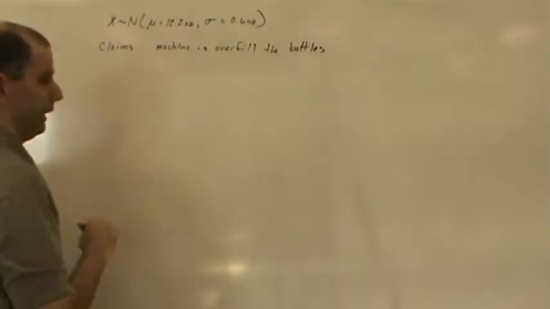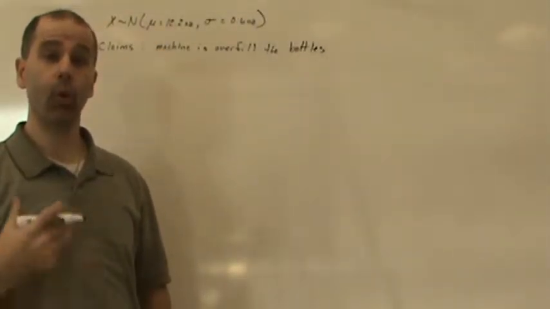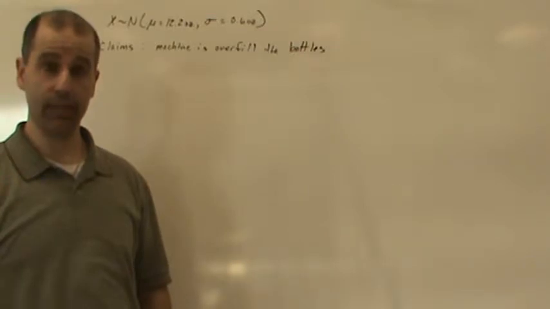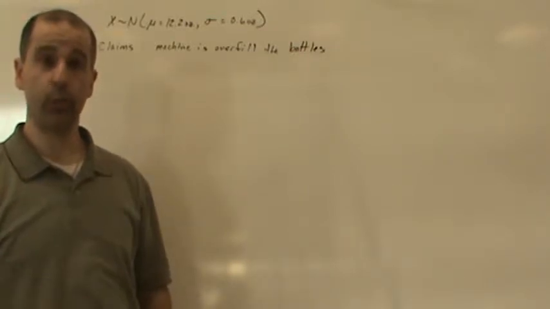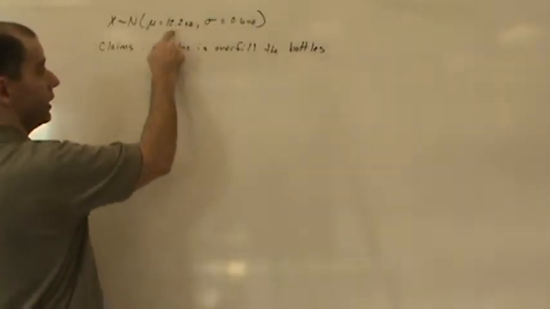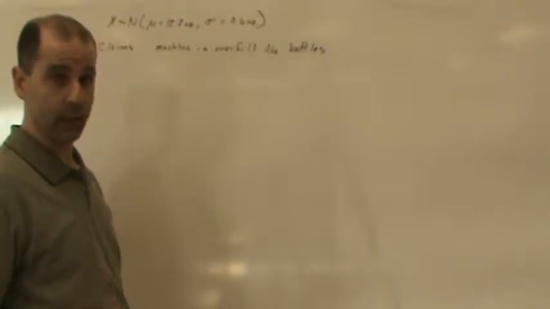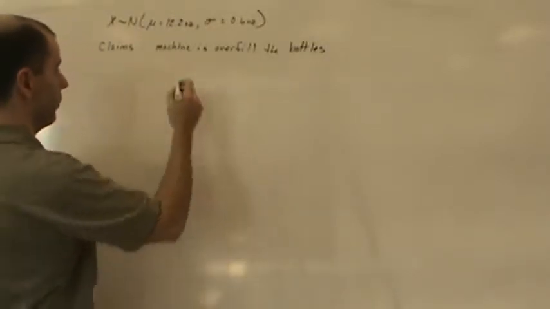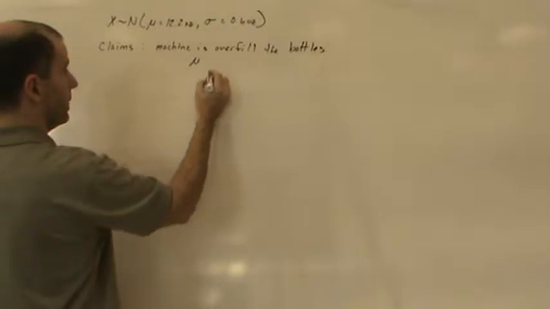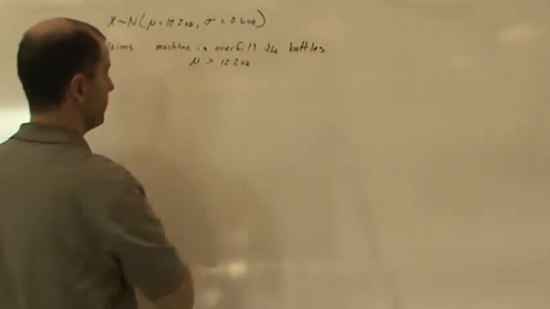It means that on average, it's putting in more than what the machine is calibrated to put in, which is 12.2 ounces. So overfilling the bottles means that it's putting in more than 12.2 ounces of liquid in each bottle on average. So that means that mu is greater than 12.2 ounces. That's the claim.